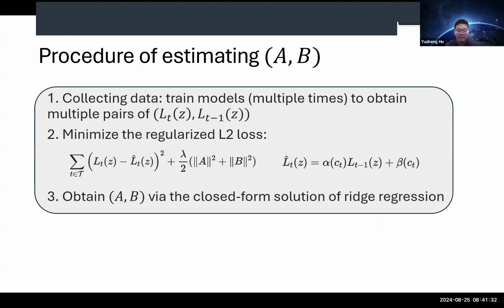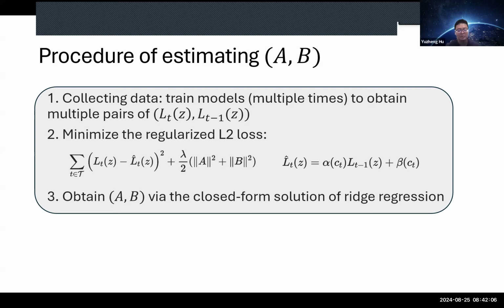The number of parameters we want to estimate is 2 times n, because A and B are both n-dimensional vectors. So intuitively, if you just focus on a batch size of 1, the number of pairs of samples that you need to collect is roughly on the order of O(n).